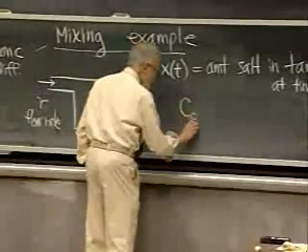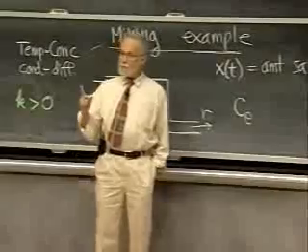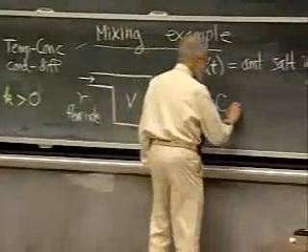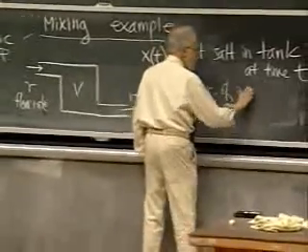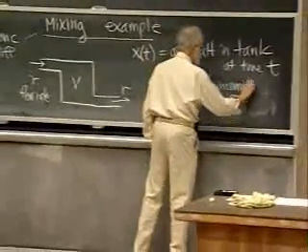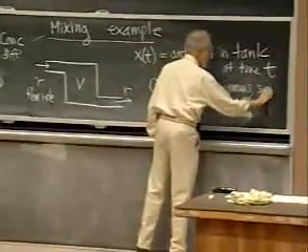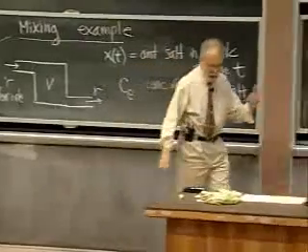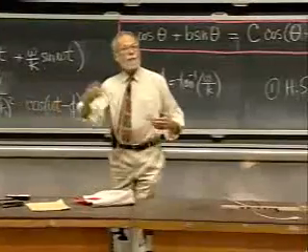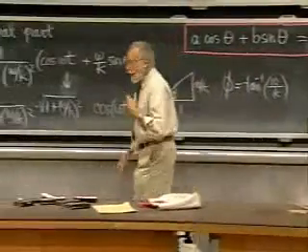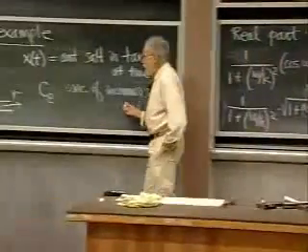And as you'll see, for a secret reason, I'm going to give that the subscript E. So E is the concentration of the incoming salt. In other words, in the fluid, how many grams are there per liter in the incoming fluid?